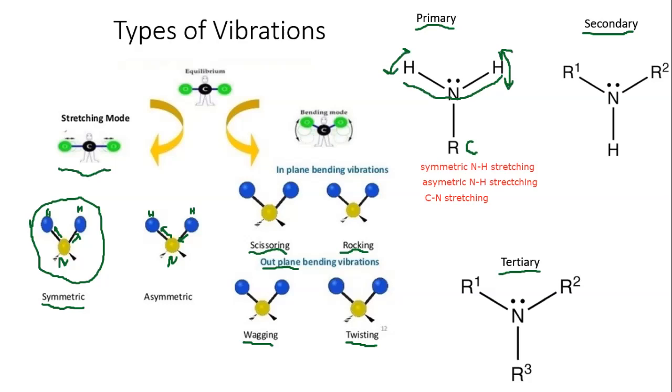There are other types of bending, but this is one of the principal ones of an amine. And it's a primary amine because this NH can bend. So we could have NH bending. That's because we have the same hydrogen, so it's the same kind of motif. These H's are bending out of the plane.